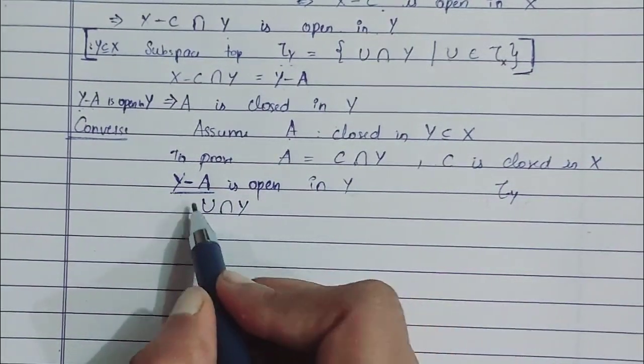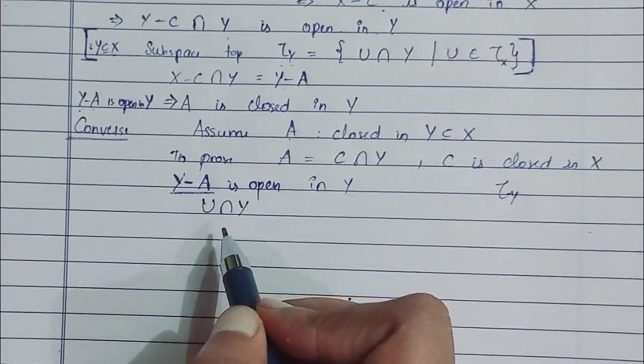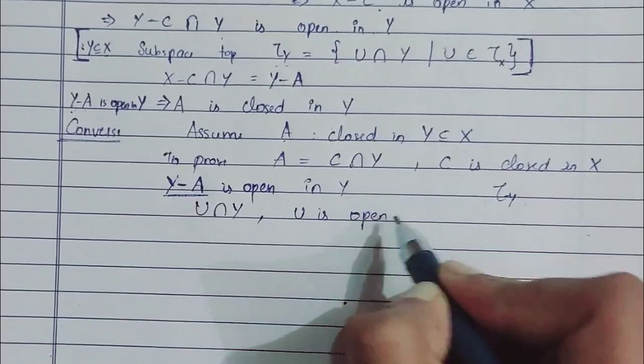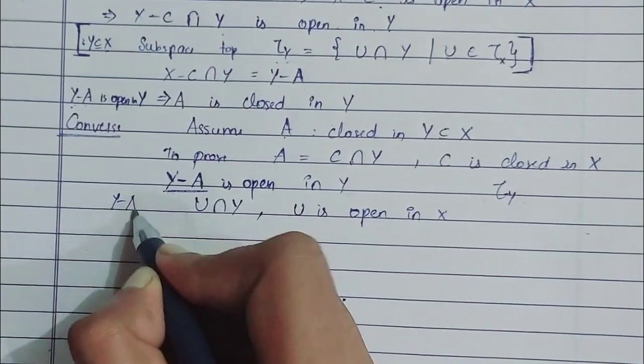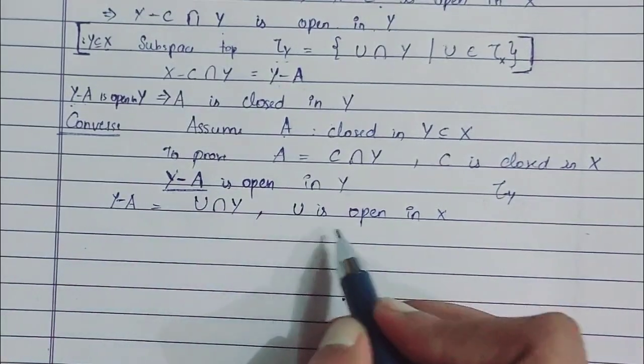You can write Y minus A is equal to U intersection Y, where U is some open set in H.